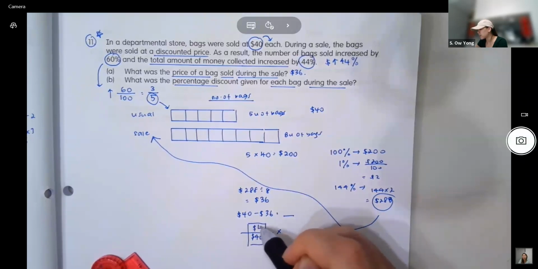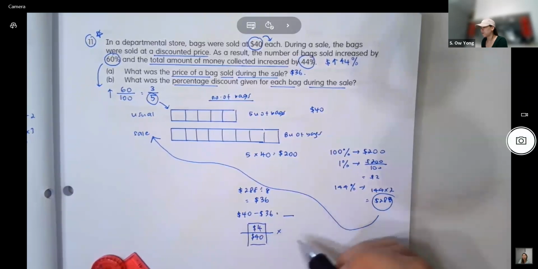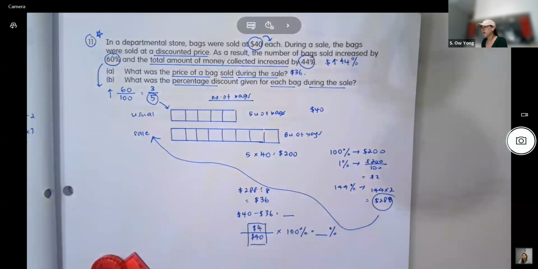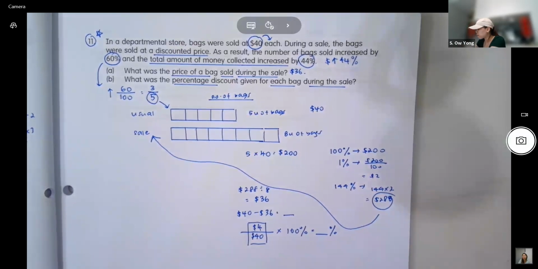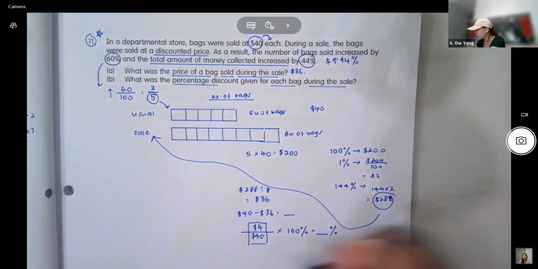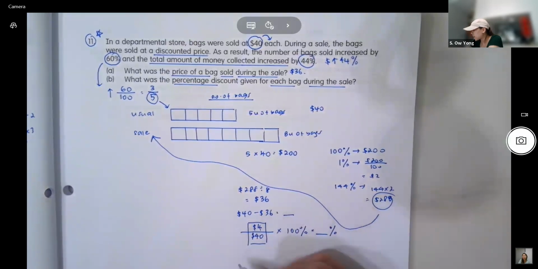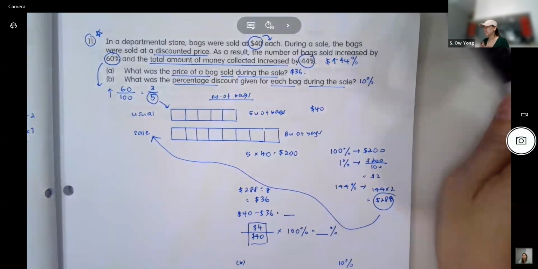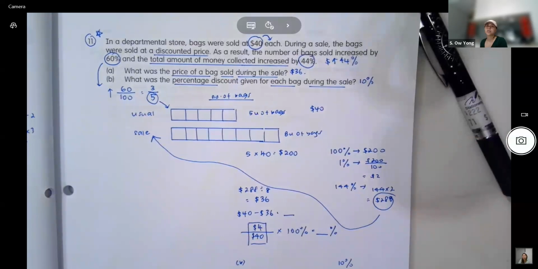How much is it in terms of percentage discount? You realize that you are given 10%. So part B answer is 10% and part A answer is $36. So that is for question 11.